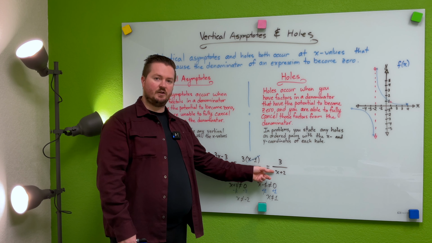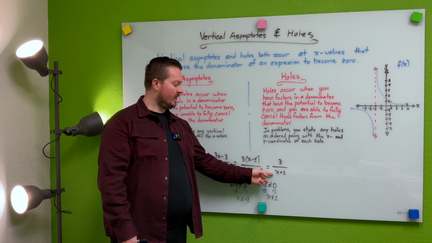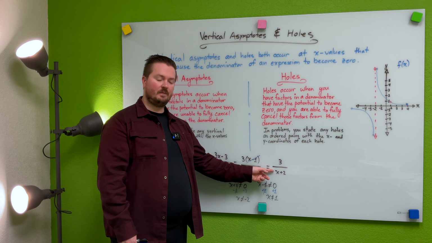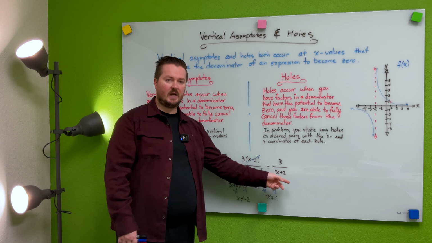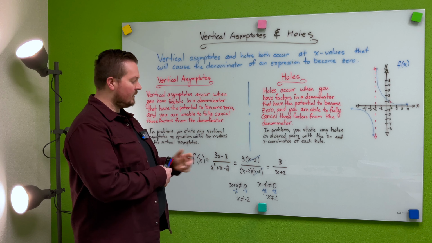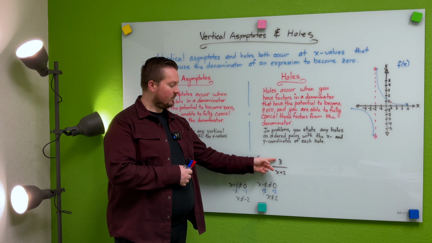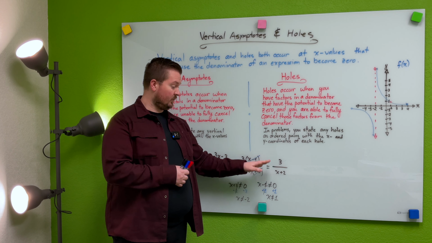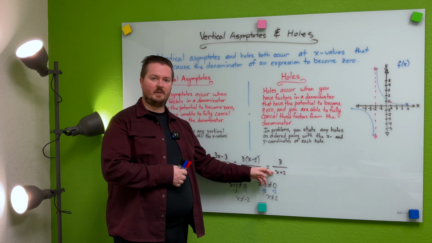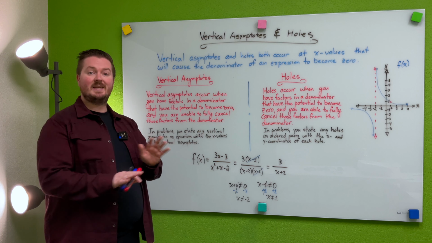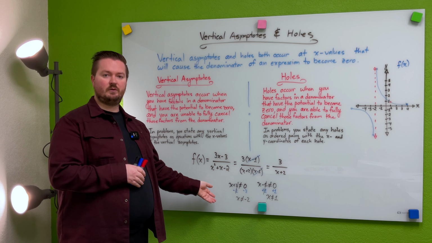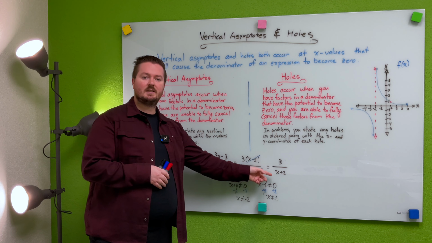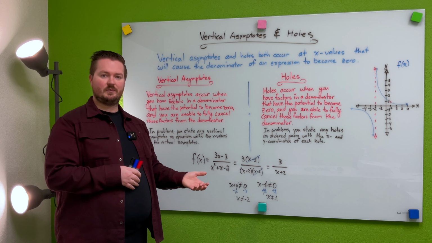We could potentially plug in negative 2 for this x value, and that would make the whole denominator become 0. There's no x plus 2 in the numerator, so we can't cancel this factor. We're stuck with x plus 2 in the denominator, which means we can never plug in negative 2, but also that this gives us what we call a vertical asymptote.